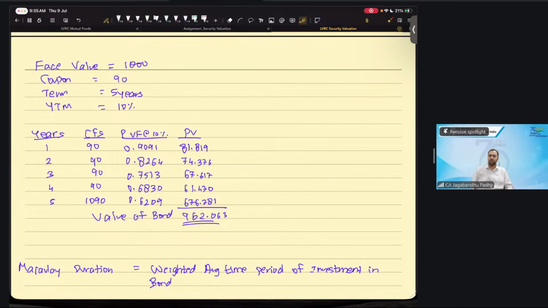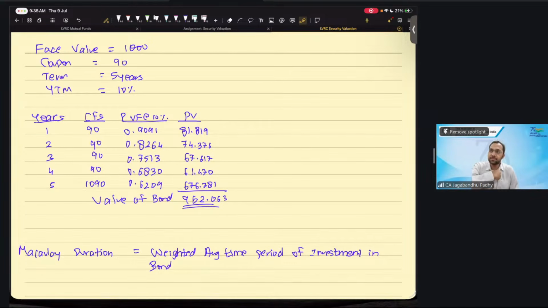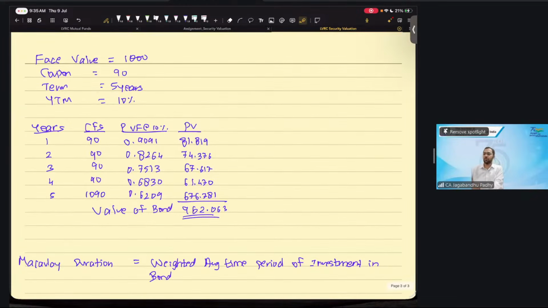For how many years have you invested this 962? Can we really say 5 years? Is it invested fully for 5 years?